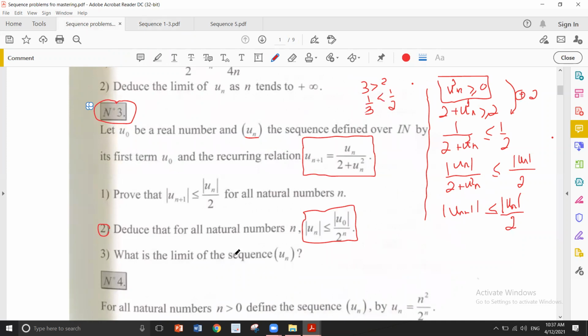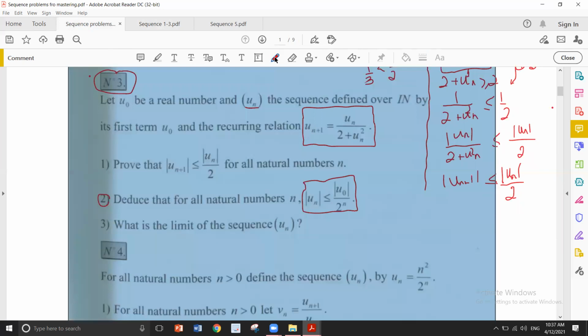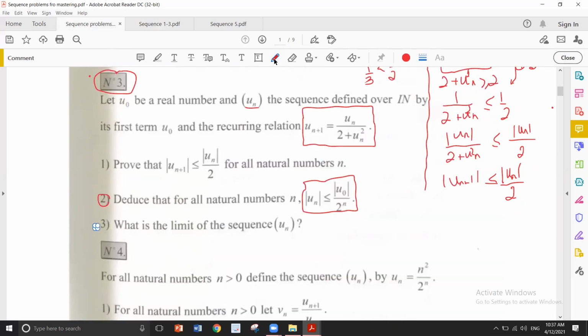From this relation, since the absolute value of un is between 0 and u0 over 2 to the power n, I can say the absolute value of un is between 0 and the absolute value of u0 over 2 to the power n.